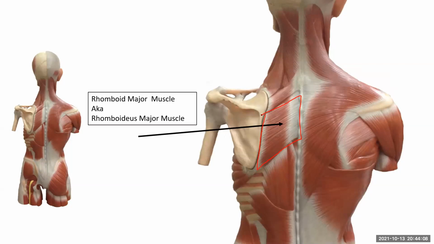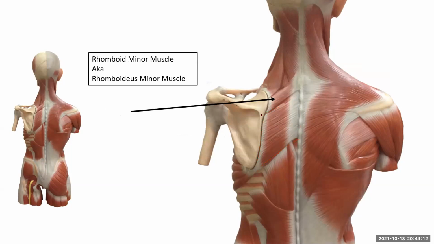And remember what I said about majors and minors. The minor is above the major, so there's rhomboid minor. It sits right above the major right here. Rhomboid minor, rhomboideus minor. So when you contract those muscles, you're going to draw your shoulder blade close to the spine.